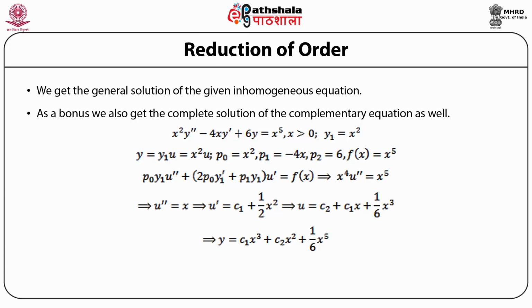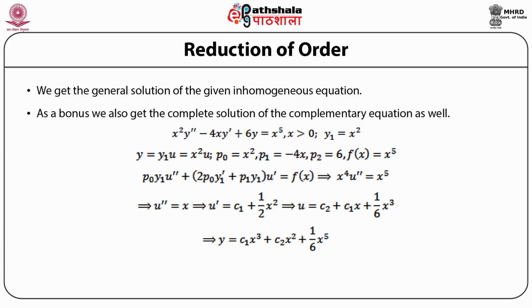So we get x raised to power 4 times u double prime is equal to x raised to power 5. So u double prime is equal to x. I can integrate this equation to obtain u prime as c1 plus x squared by 2, and u will be equal to c2 plus c1 x plus 1 by 6 x cubed.